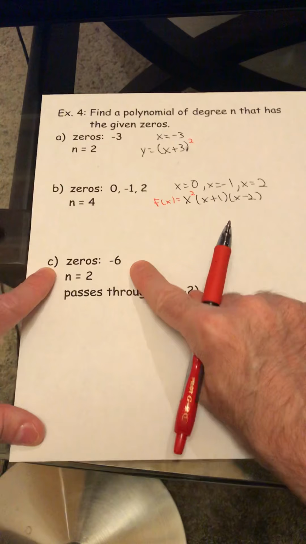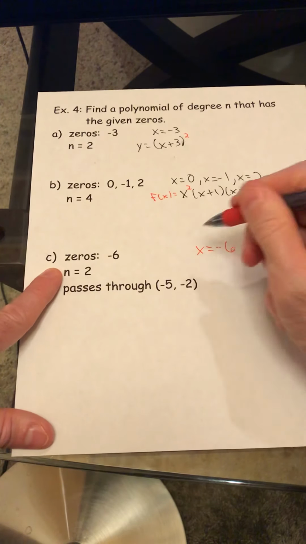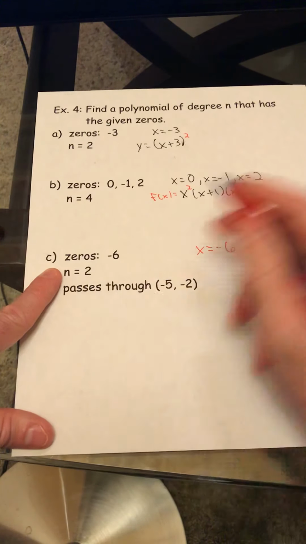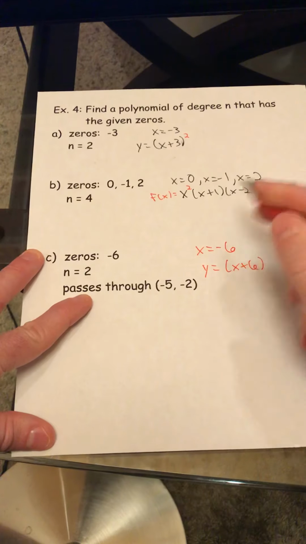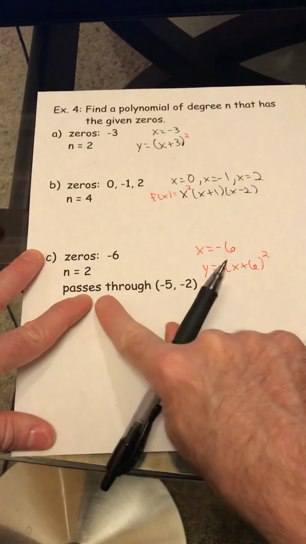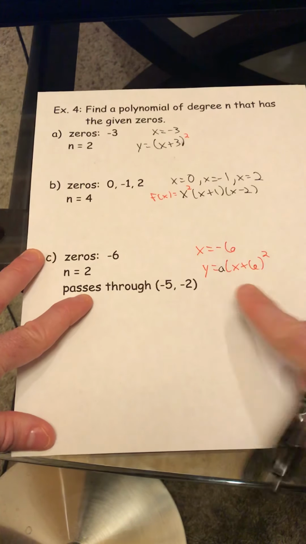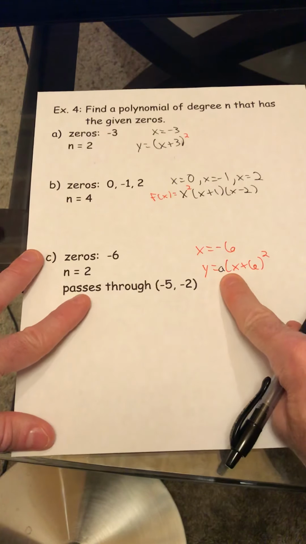All right, one final question. Here, x equals -6, n is 2, passes through -5, -2. This is something you haven't seen yet. Well, that tells us y equals (x plus 6) squared, because the degree is 2. If they tell you it passes through a point, that means there's going to be a leading coefficient other than 1.